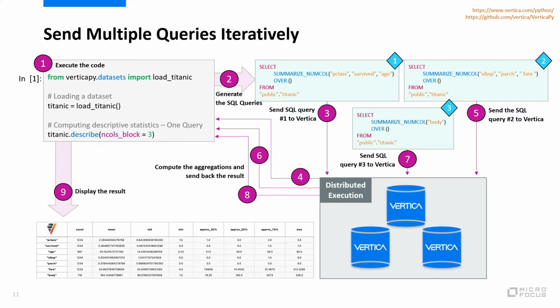You can hurt the system because your big query will take a lot of resources. So in order to be a good neighbor, because you don't want to hurt the system when others are working in the same system as you, I send multiple smaller queries iteratively. Here I'm using, for example, 3 columns per block of query.